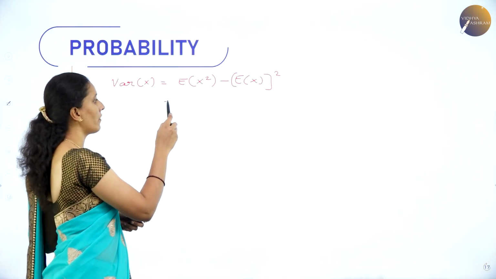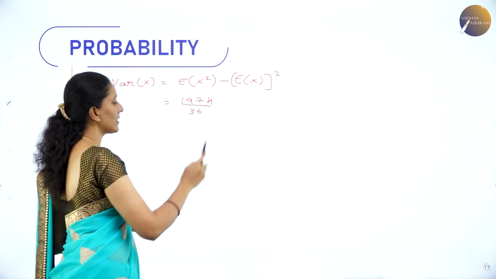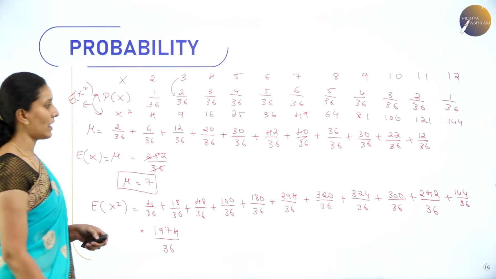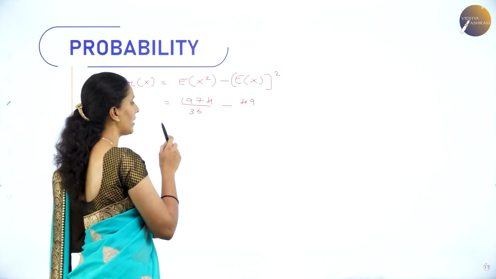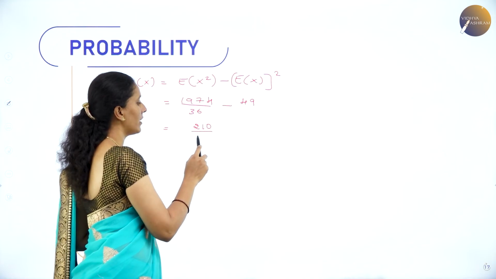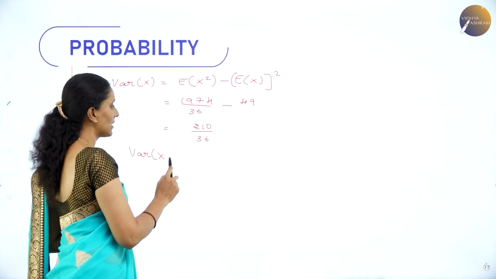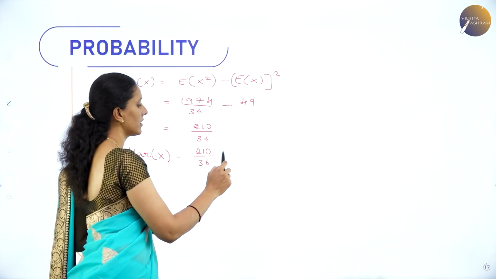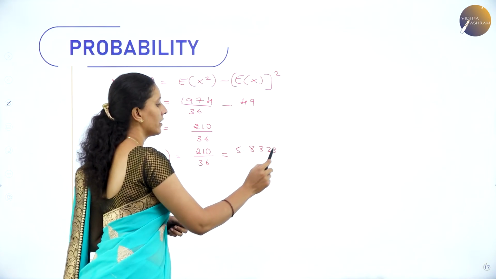So E of x square is 1974 divided by 36 minus E of x, or mu, which is 7. So here we have 7 square, which is 49. When you solve this, you will get the value as 210 divided by 36. Thus, variance of x is 210 by 36, approximately equal to 5.833.